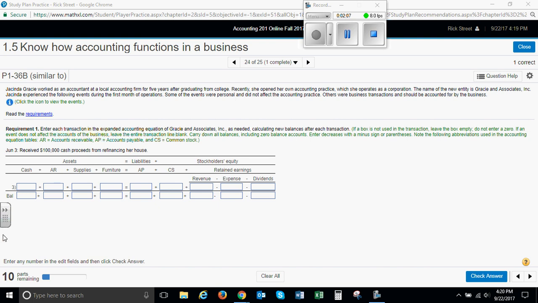One objective of looking at a transaction is to know how to evaluate a transaction and determine what accounts are involved. These are all your accounts that you're working with here. What accounts are involved? Are they going up or are they going down? And to input them in such a way that the equation remains in balance.